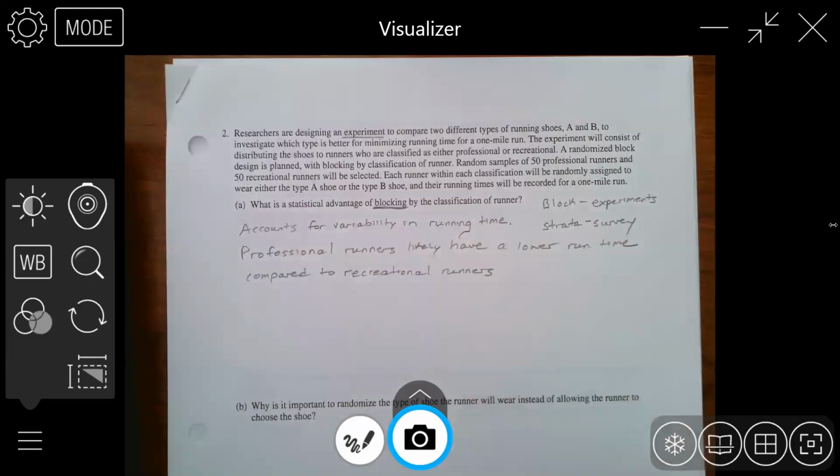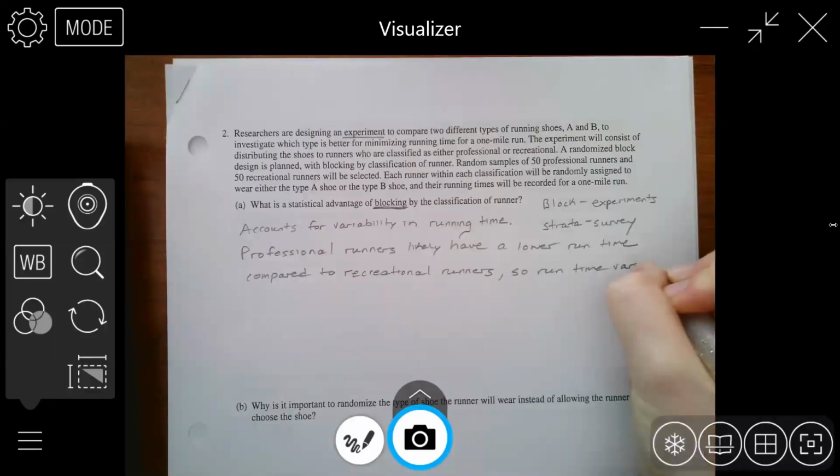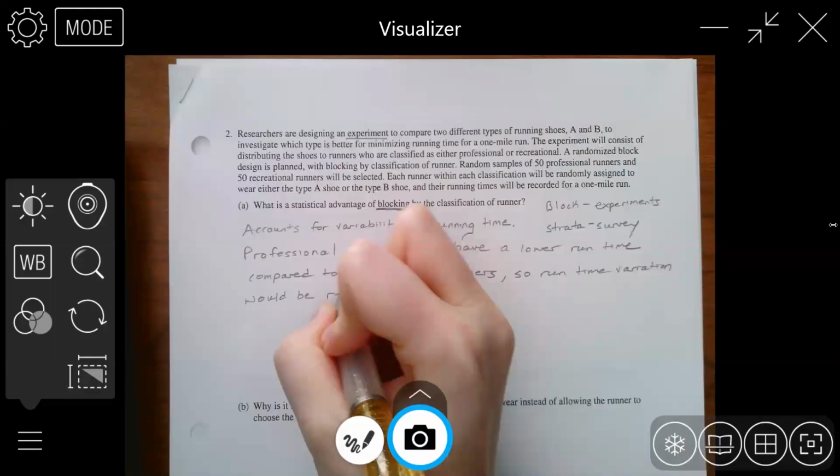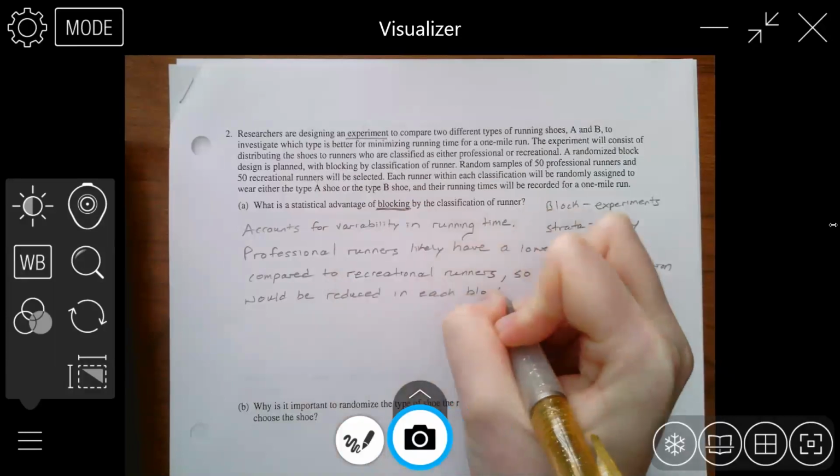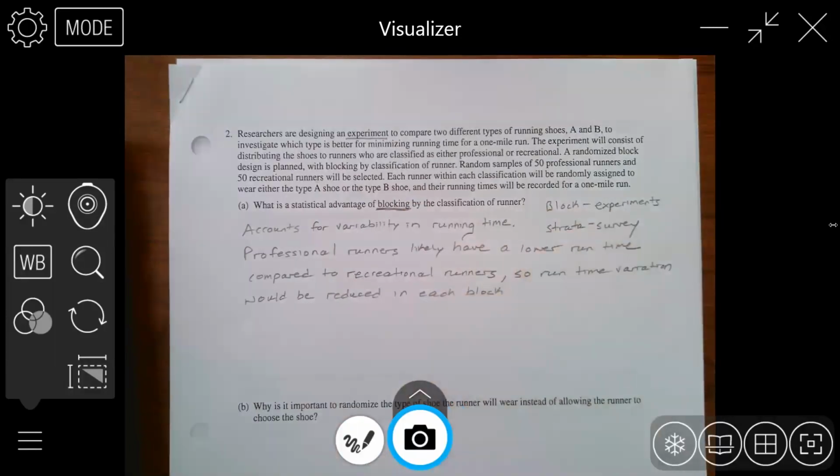So what that means is the variation in time would be reduced by each block, right? So run time variation would be reduced in each block, okay?